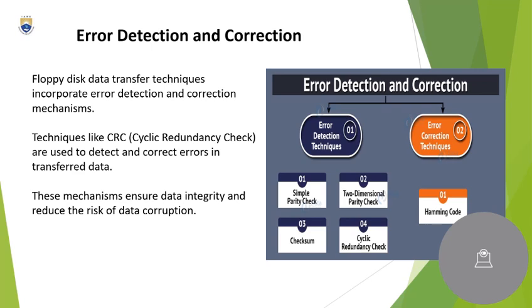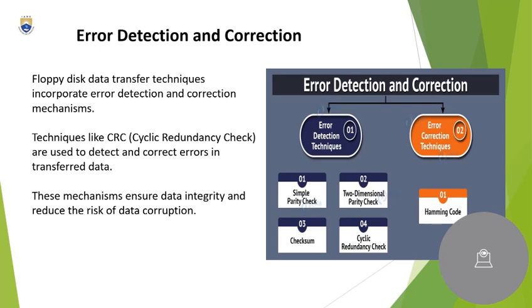If we see the classification of error detection and correction, we have two methods: error detection techniques and error correction techniques. Error detection techniques are divided into four parts. The first is simple parity check, the second is two-dimensional parity check, the third is checksum, and the fourth is cyclic redundancy check.